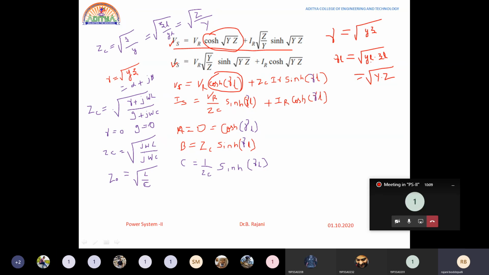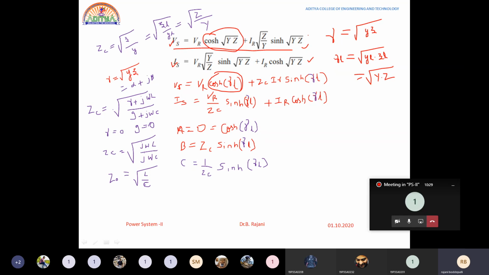Here, we'll do the problem in terms of the propagation constant. This formula we have used, cosh(γL) plus ZC into IR sinh(γL), is changed to this form. We'll continue the problem. We know these two formulas from the earlier classes.